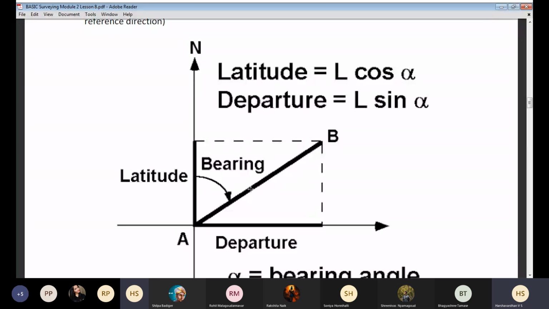Latitude is measured as L cos of alpha or theta. Departure is L sine of alpha, where alpha is the reduced bearing or quadrant bearing of surveying line.